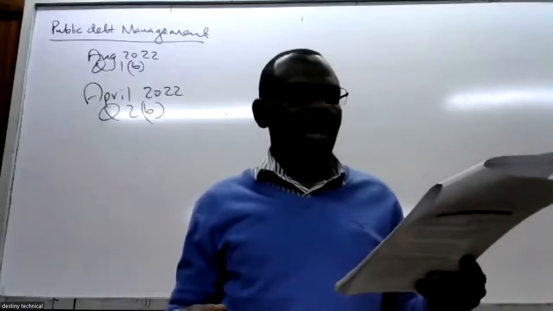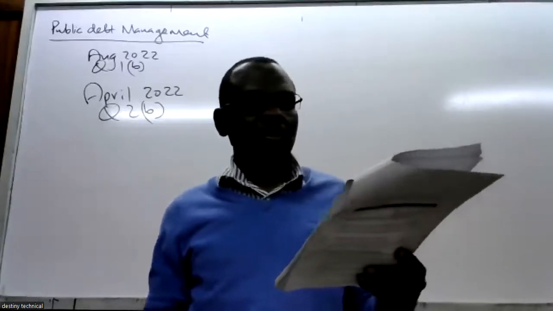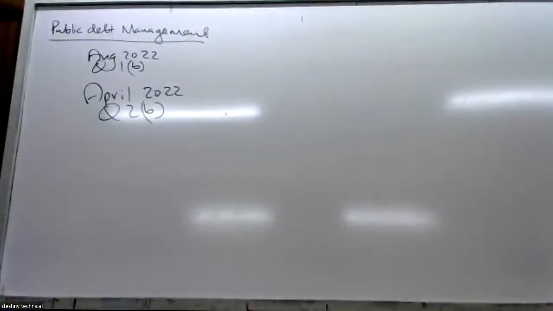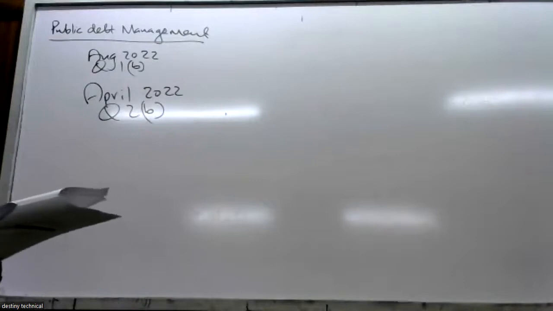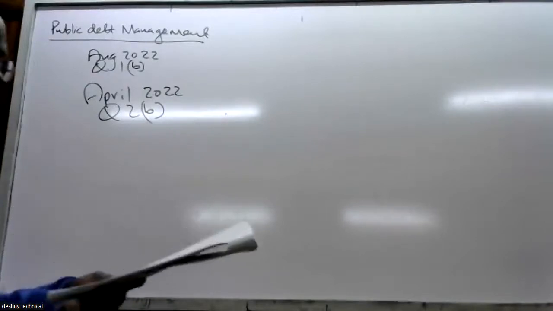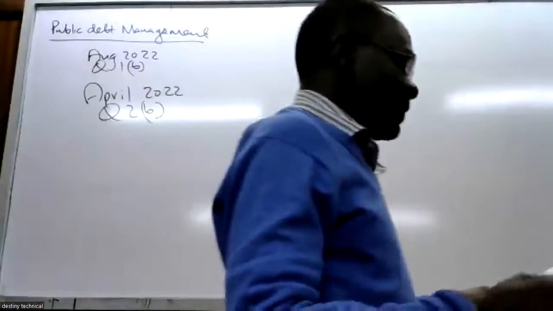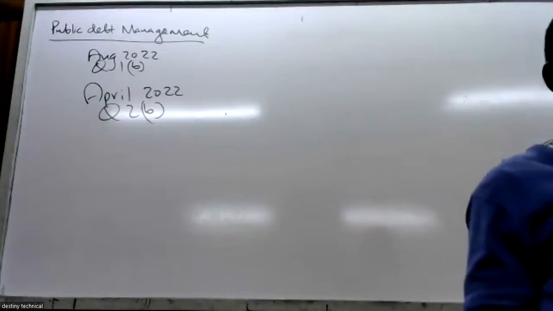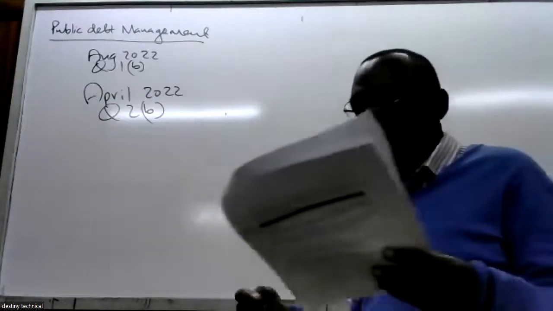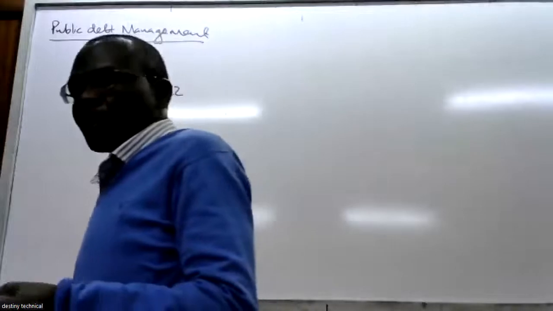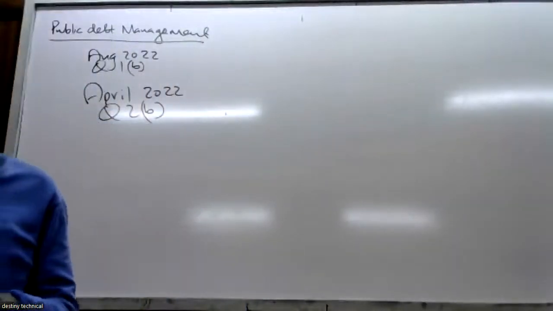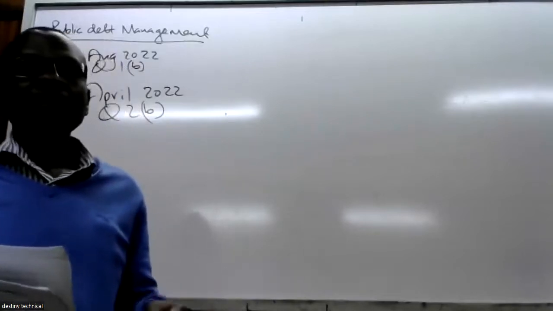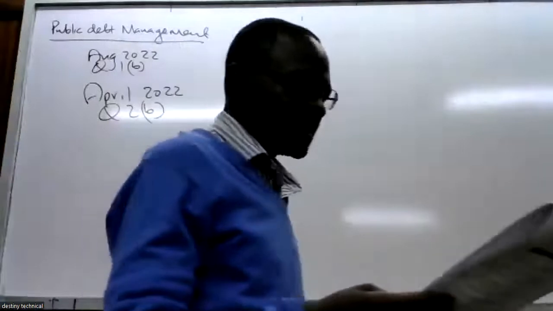Number 4, to prepare and implement the national government's borrowing plan, including servicing of outstanding debts.